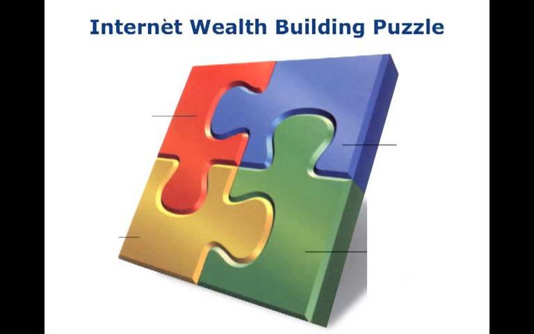See, the internet is truly a wealth-building puzzle. There are a lot of components to it. And if you just implement one piece of the puzzle, you're not really going to have a full picture of what you can do or what's available to you. But the first piece of the puzzle is to be able to attract visitors to you. Now, you either attract visitors online or offline.